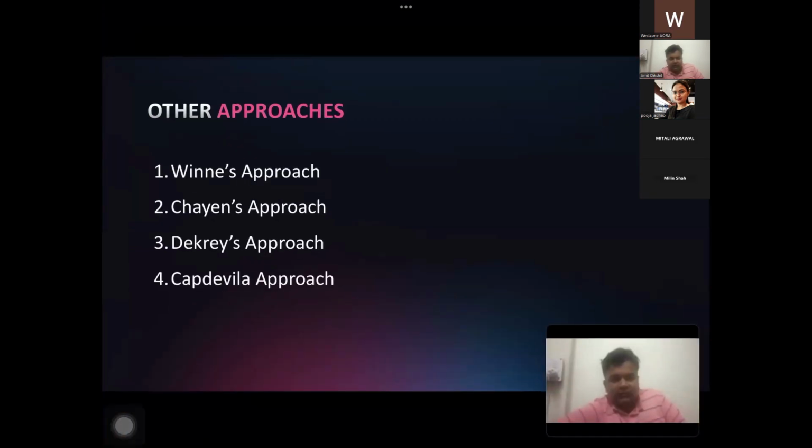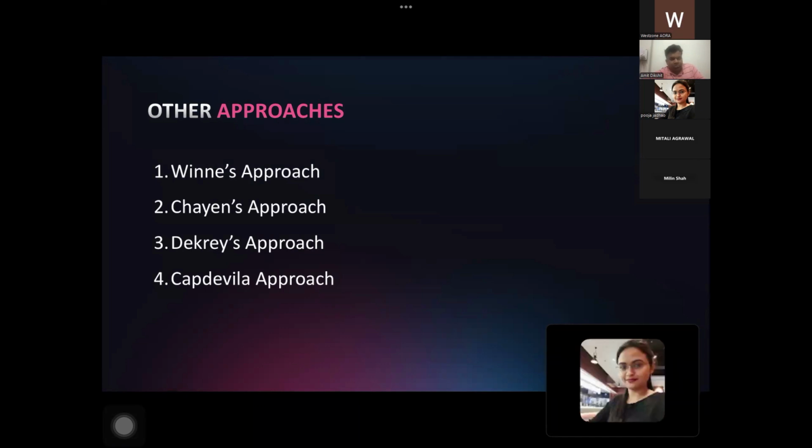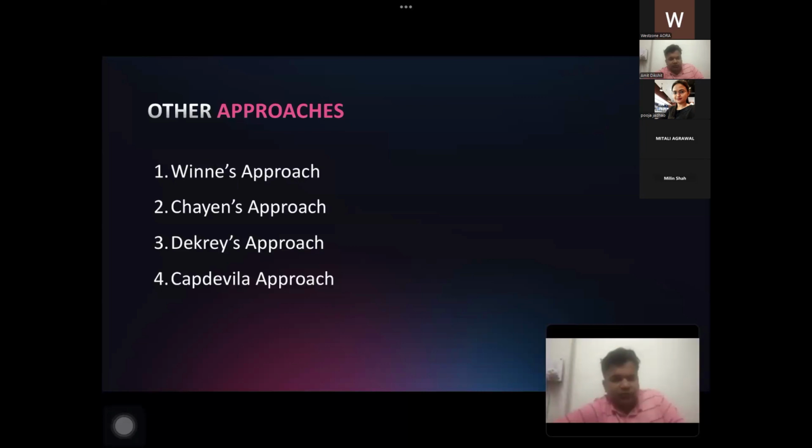Whereas in Winnie's approach, it is at the intersection of the highest point of the iliac crest and the PSIS line, and there we have to direct the needle a little medially. So there is a problem that it may turn inadvertently more medially, and it can cause epidural. Are you getting my point? Yes, sir.